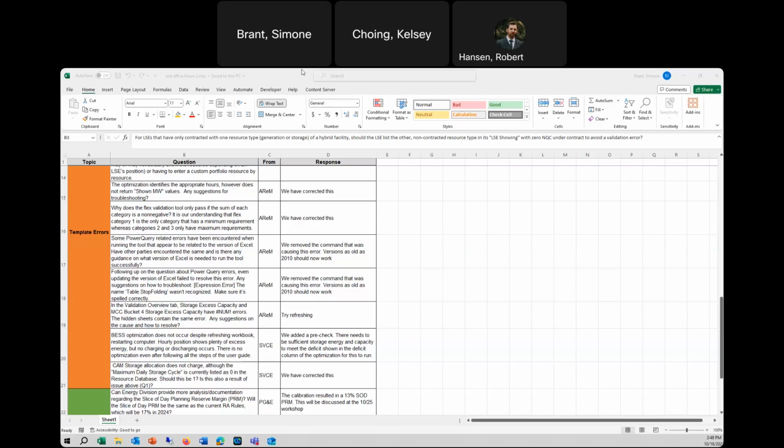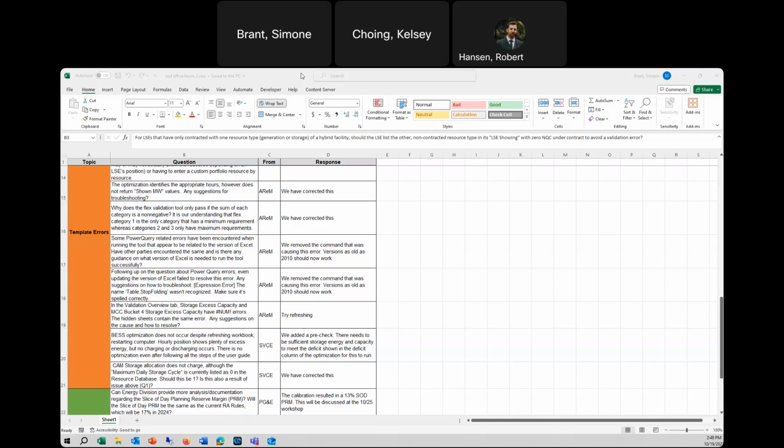You're muted if you're talking, Robert. Sorry about that. I can't say exactly what the problem is in this instance, but in response to another issue, we added a pre-check that checks whether the storage available to the optimization routine has sufficient capacity overall in megawatts to meet the largest deficit throughout all 24 hours on the same sheet.